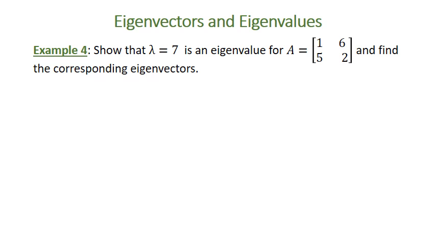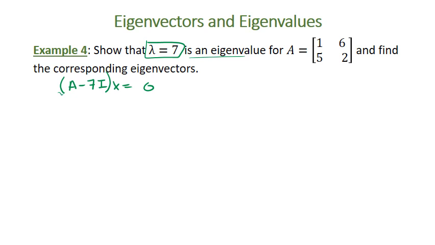Why don't you go ahead and pause this and try to answer this question. So this problem is the same as the one we just did. What we want to do is show that this equation here has a non-trivial solution. And if there is a non-trivial solution, then yes, lambda equals 7 is an eigenvalue.